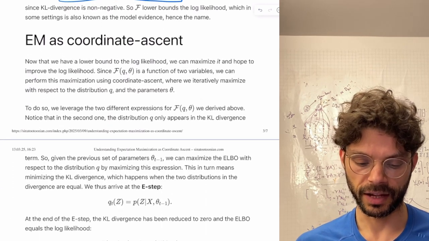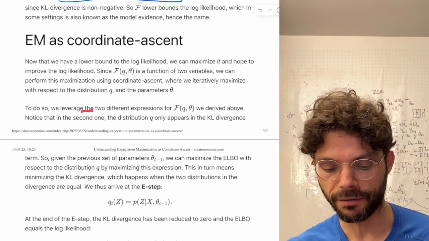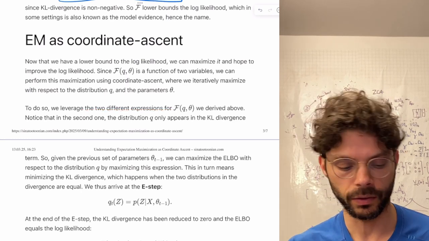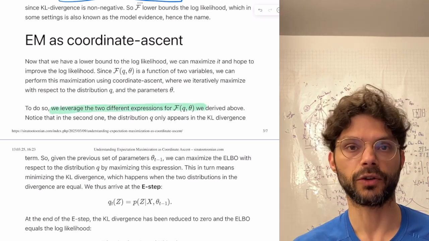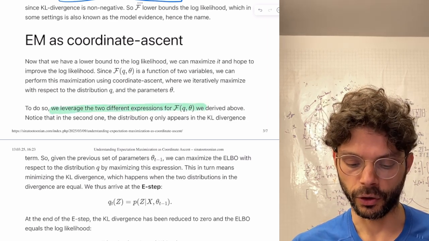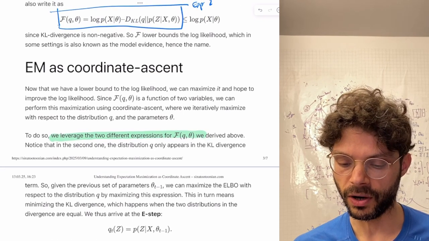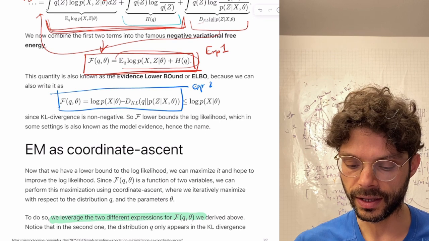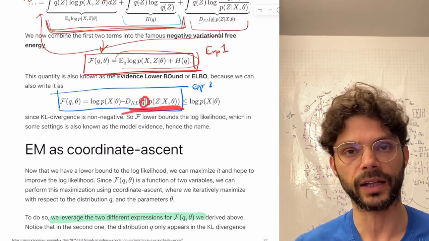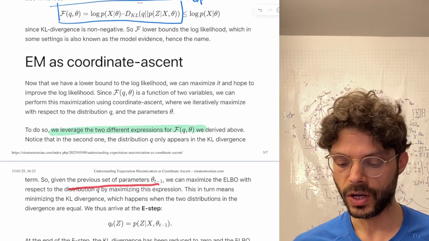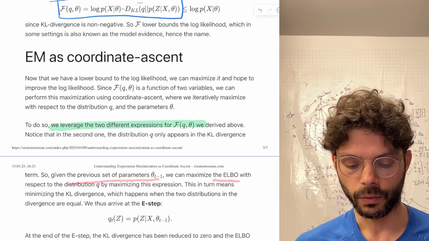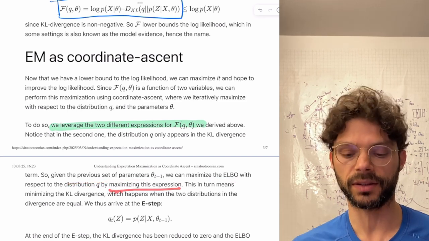That's exactly what I say here. To do so, we leverage the two different expressions for F of q that we derived above. Notice in the second one, the distribution q only appears in the KL divergence. So given the previous set of parameters, we can maximize the ELBO with respect to the distribution by maximizing this expression.